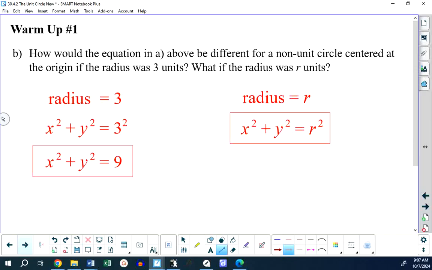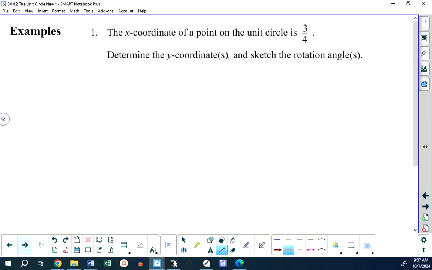Very simple relationship to work with. But that means it's the unit circle. If it's a non-unit circle and it's centered at the origin, then x squared plus y squared will equal r squared. Does that make sense? Both of these things, x squared plus y squared equals r squared and x squared plus y squared equals 1, form the foundation for a lot of what we do in this unit.